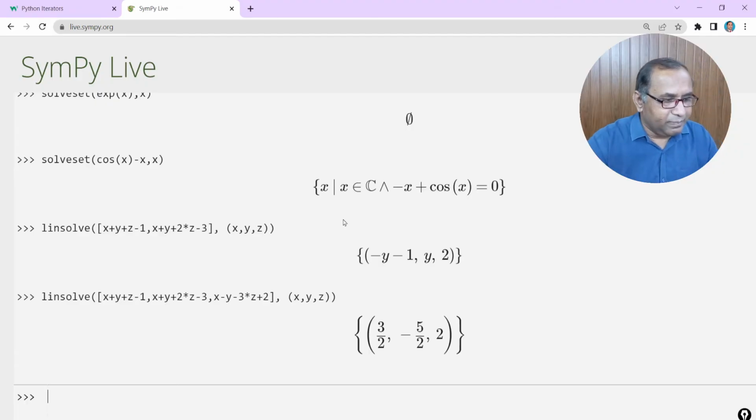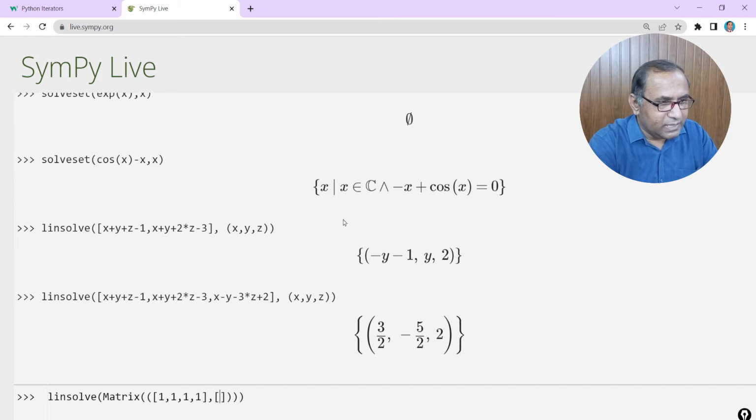See here, we are using the linsolve function, and then with the help of a matrix, this is the first equation. We just need to choose the coefficients 1, 1, 1, the coefficient of x, coefficient of y, coefficient of z, then equal to 1, and this is for the second equation.